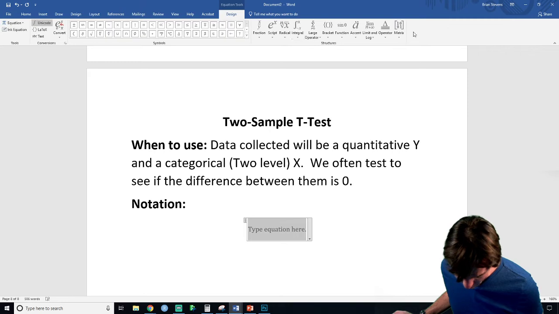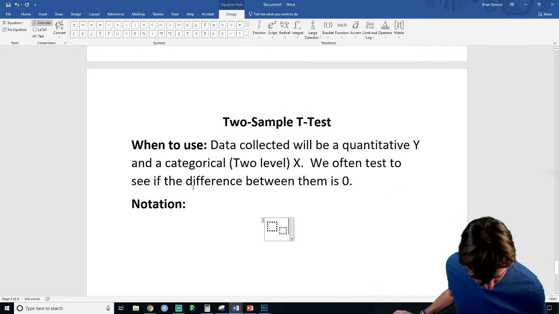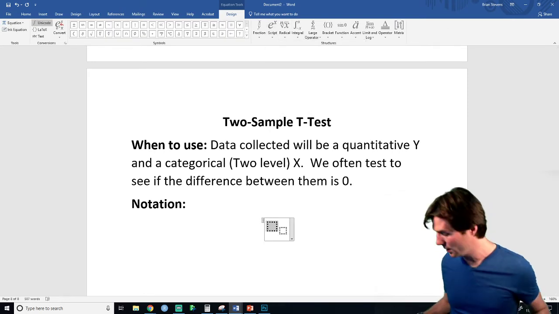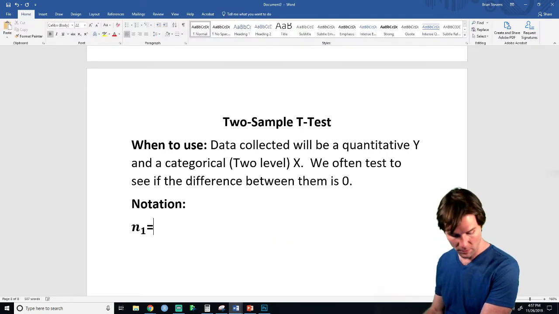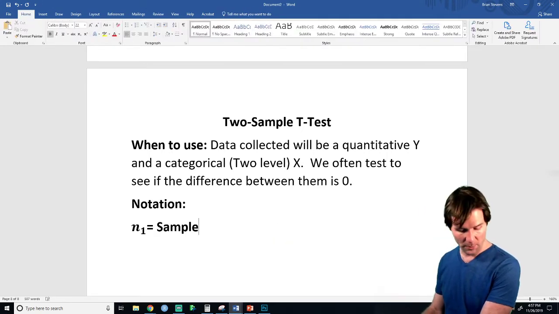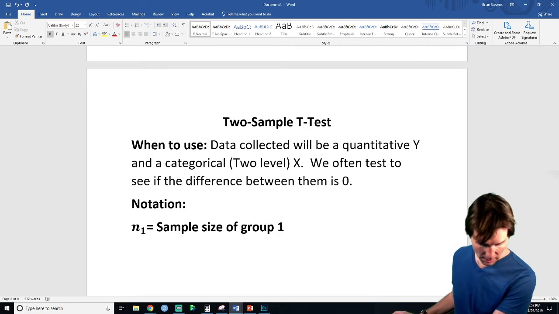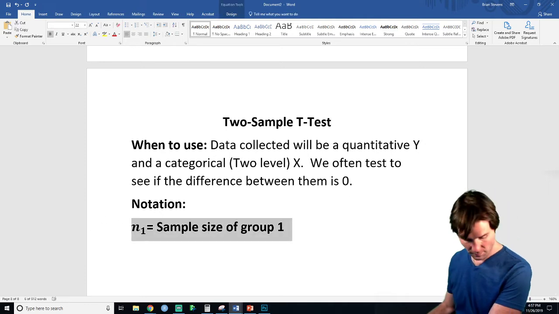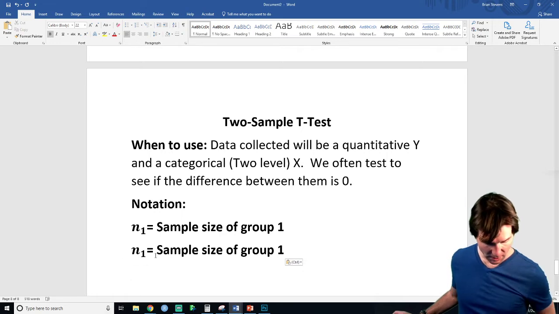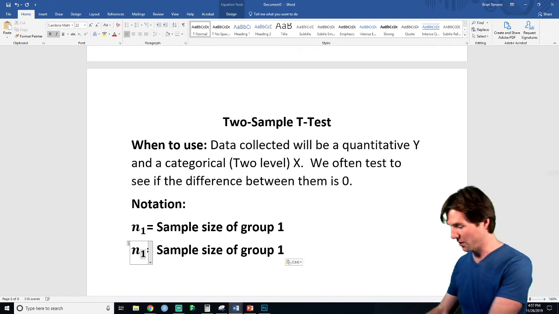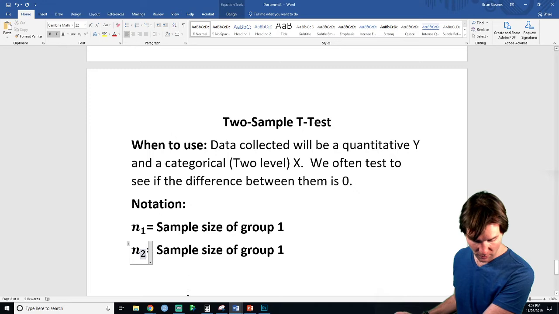So let's drop in notation n1, and we need n2. n1 is sample size of group 1, and n2 is going to be sample size of group 2.